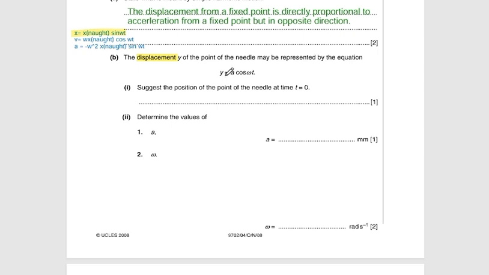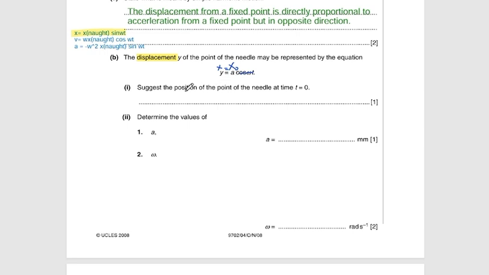If you look, we have y, we can write this as x, and then we have our a, which is x naught, which is amplitude, and then you have cos omega t, sine omega t, doesn't matter. Now if they say at time t equals 0, when you make t equals 0, this multiplies with omega, this multiplies with cos, you will get 0 and this will cancel out. When this cancels out, you're left with y equals a.